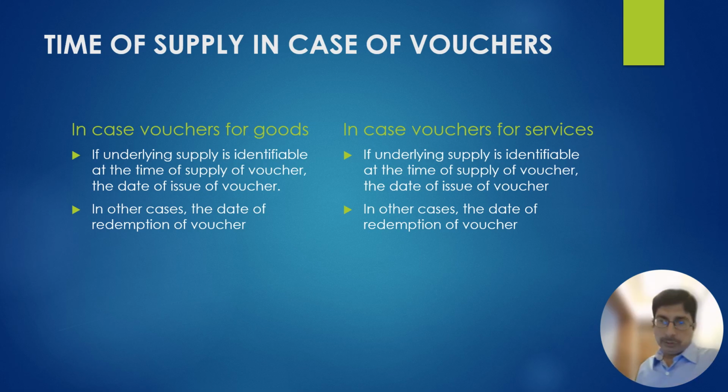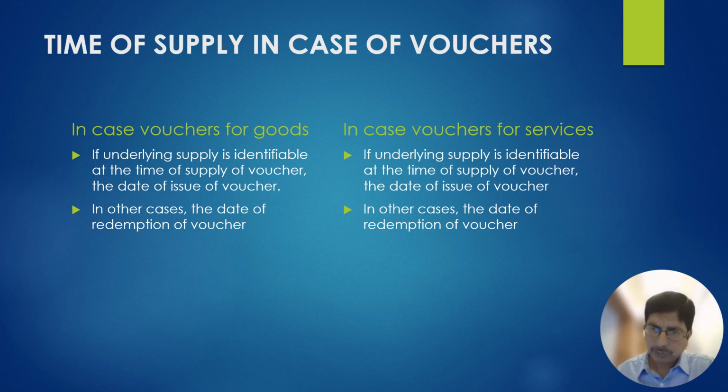Let's say one more. There is one more aspect of time of supply in case of voucher. What is a voucher? Another form of money. That is the simple definition of voucher. Let's take an example that you go on the Amazon site and purchase a voucher of rupees 5,000.